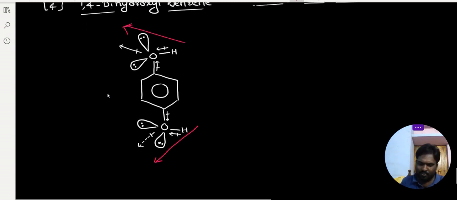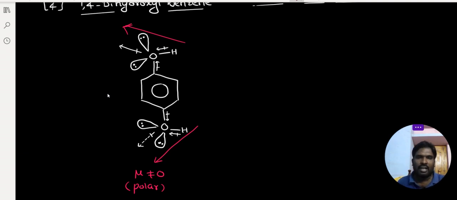That's why here mu not equal to 0. Mu not equal to 0 means polar. Understood? 1,4 dihydroxyl benzene has some dipole moment, so it is polar.